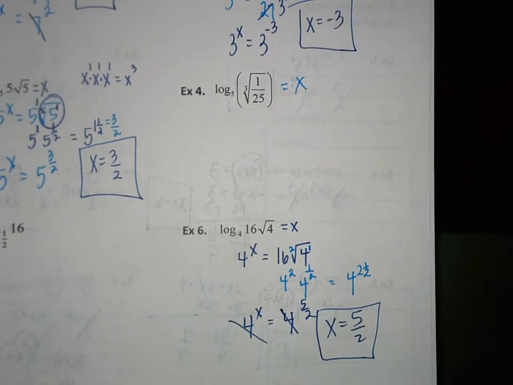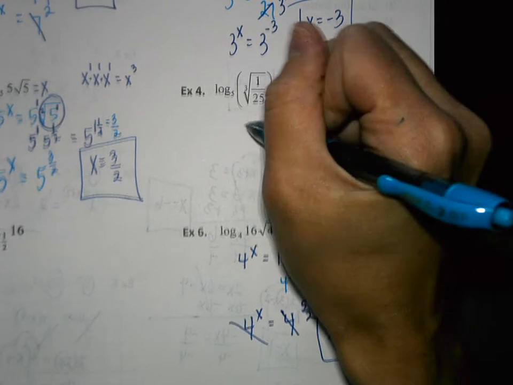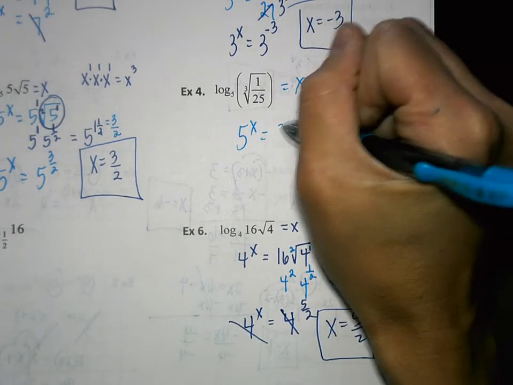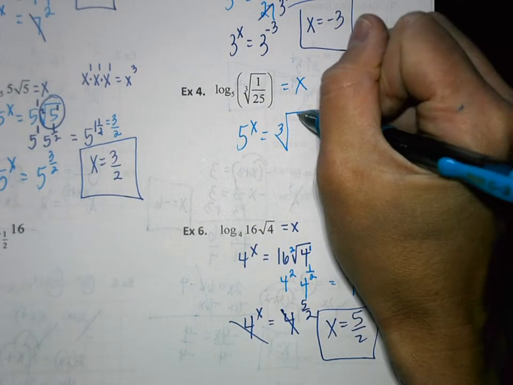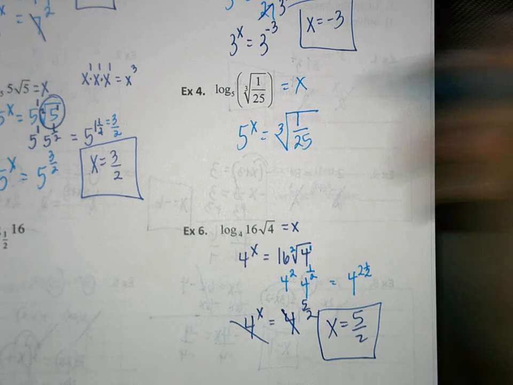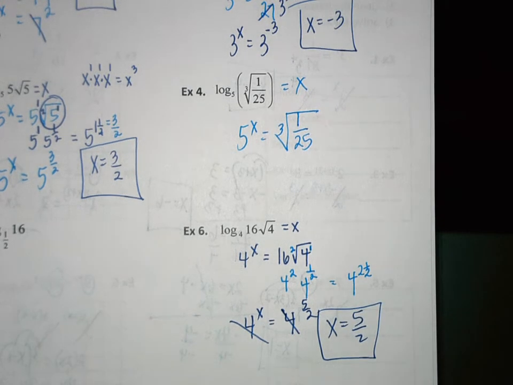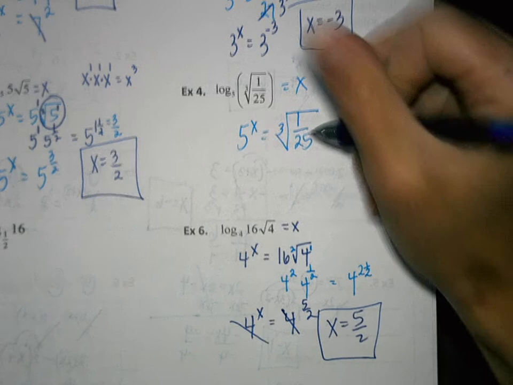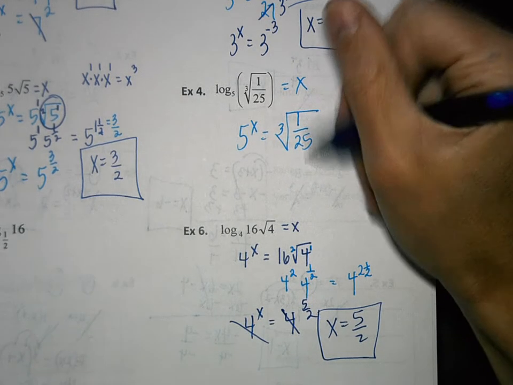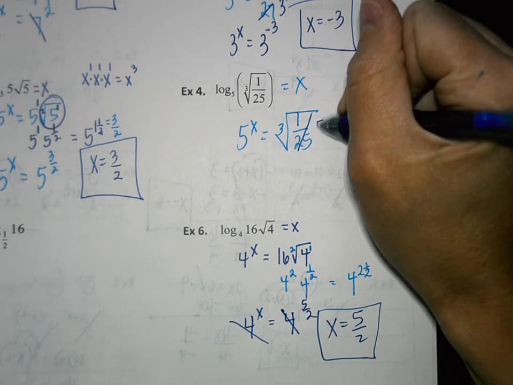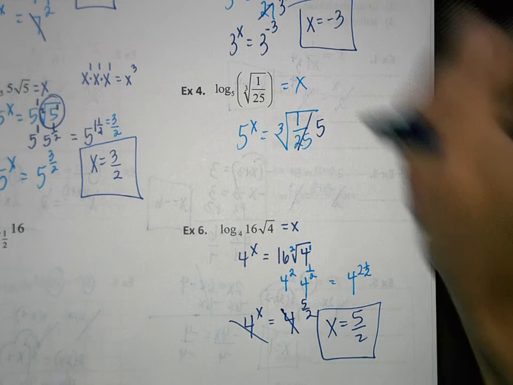Next will be exponential form. Good. 5^x equals the cubed root of 1/25. What base am I going to use on here? Ryan. 5. So 1/25 is really going to be 5 what? -2. 5 to the -2.